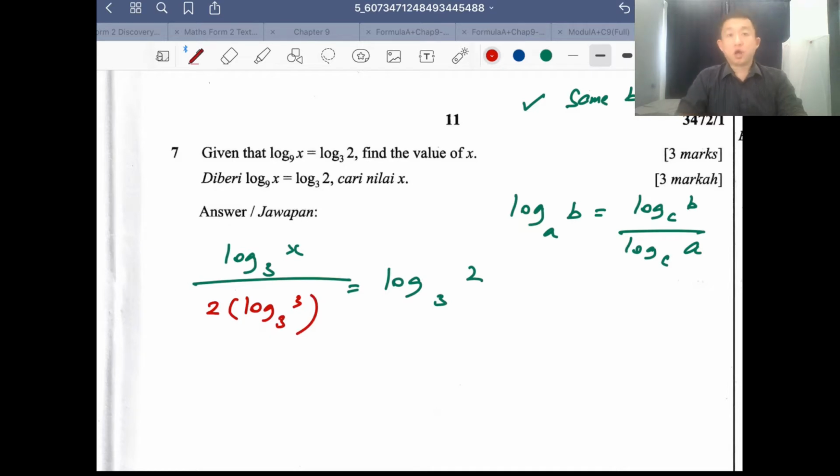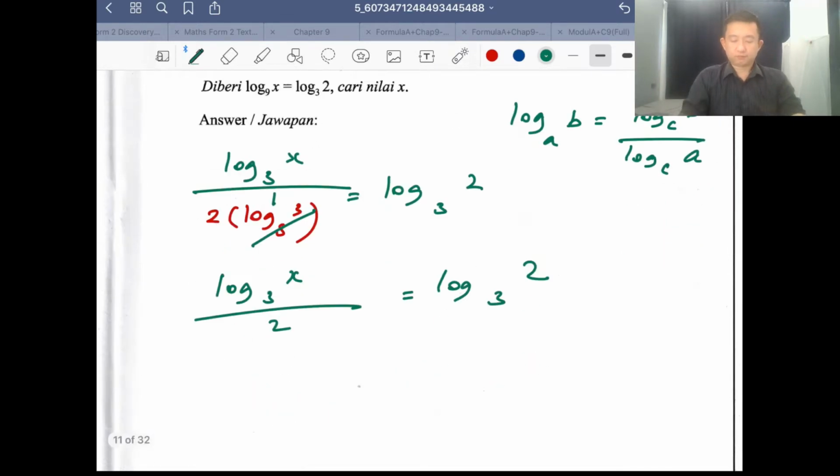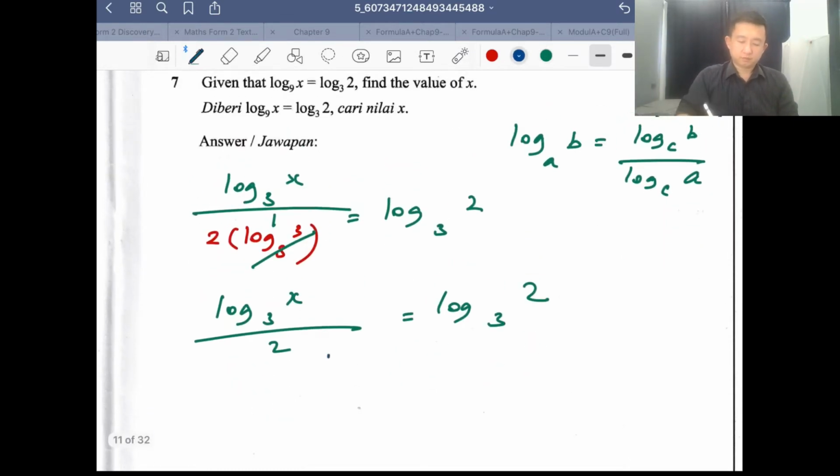and when you have log 3, it will equal 1. 1 times 2, you have 2. So this is what you have. Move it.